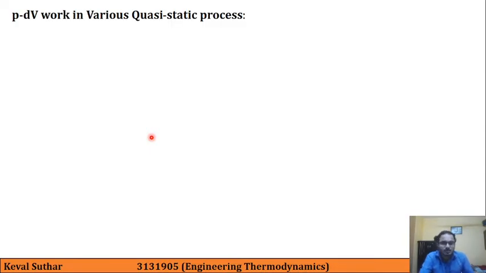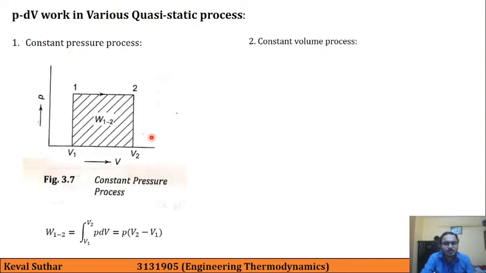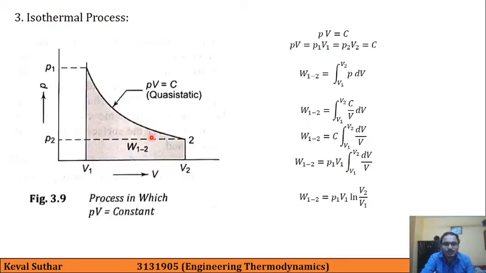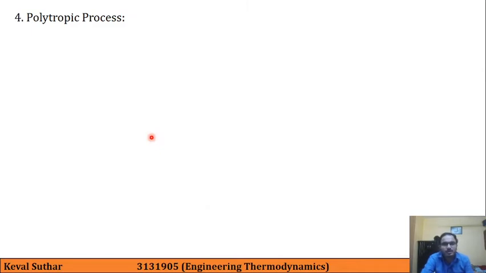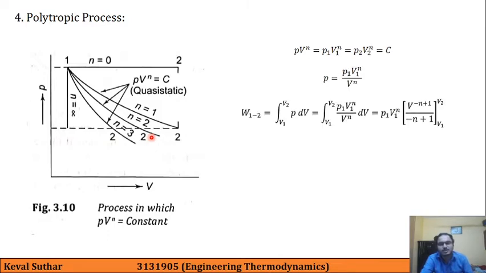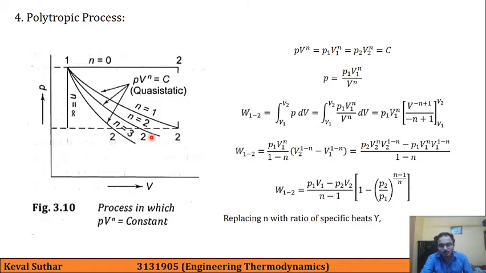Then we discussed about PdV work in various quasi-static processes: constant pressure process, constant volume process, isothermal process, in which we separately derived everything, then polytropic process, that is general form of equations, which is governed by PV raised to n is equal to constant, and we derived the formula for that. Once we replace this parameter n with the ratio of specific heat gamma, it becomes the equation for adiabatic process.